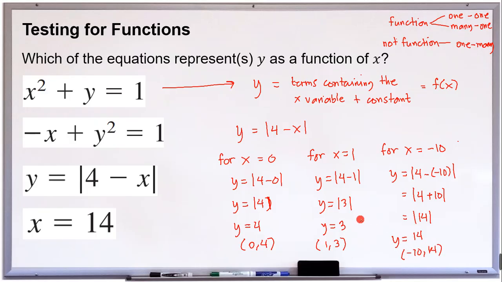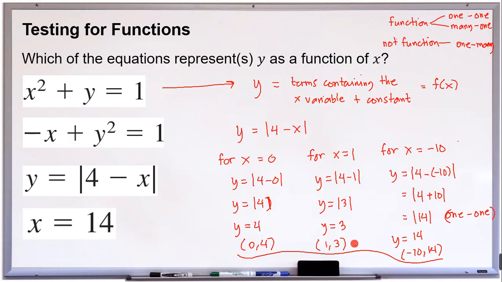If you continue this for all values of x, you will arrive at distinct values of y. So if we observe the ordered pairs that were created for this step, we can say that we have a 1 to 1 relation.